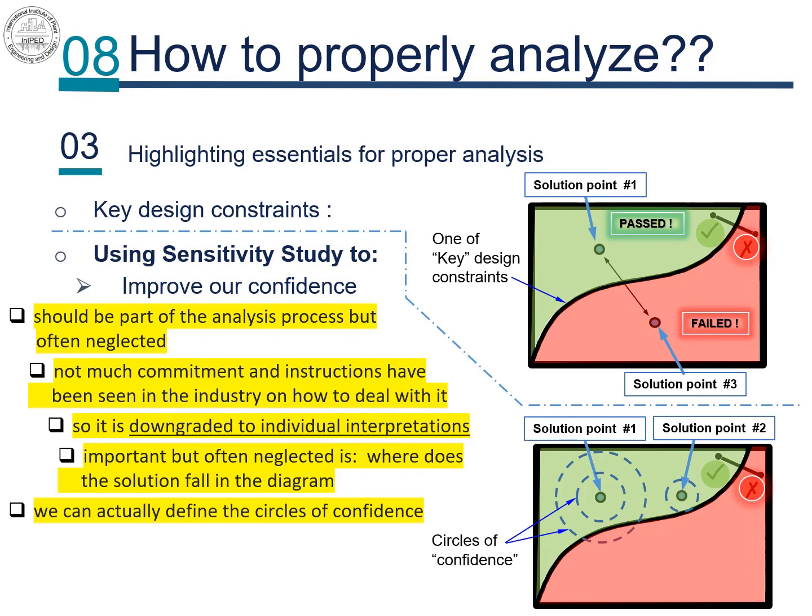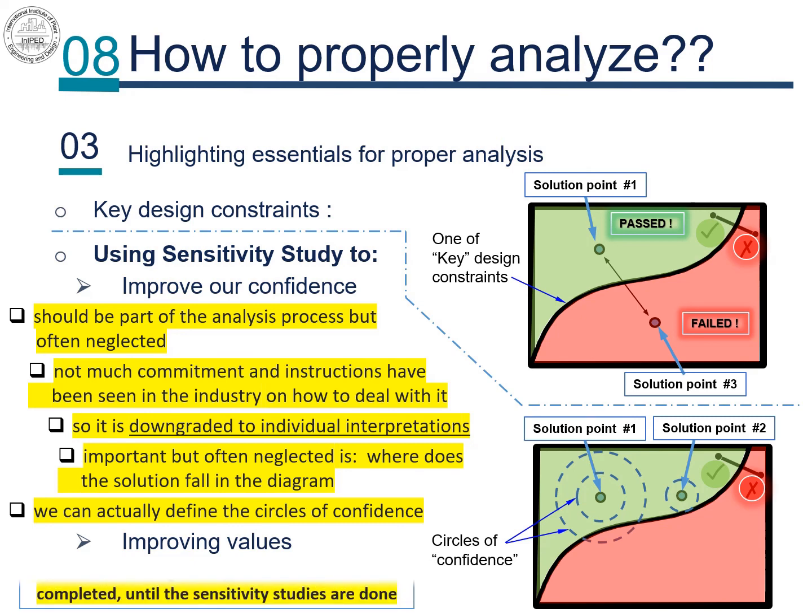Therefore we would conclude that solution number 1 is the one that we can trust more than solution number 2, or we can make further studies on solution point number 2, to find out why its results are so sensitive. The other aspect of sensitivity studies is the speed at which circles of confidence are increasing or decreasing with the change in model inputs. All of this drives us towards the conclusion that the design analysis work is actually not completed until the sensitivity studies are done.